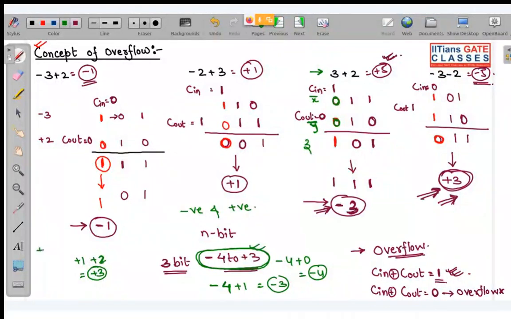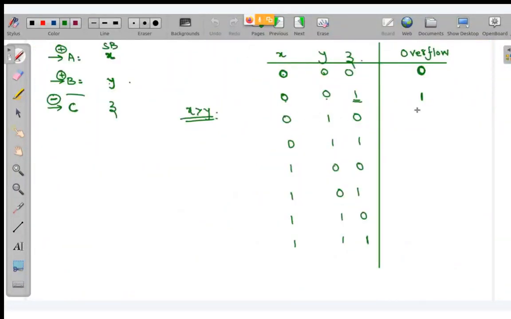Let me assume you add +2 and +2, so that is +4, which is out of range. So whenever you add two similar numbers, there is a possibility of overflow. Over here also, you will not have overflow because here also you have dissimilar numbers. Look over here in this case.